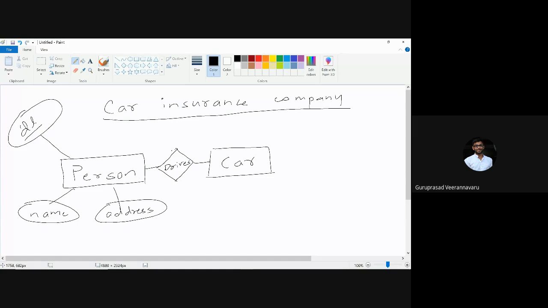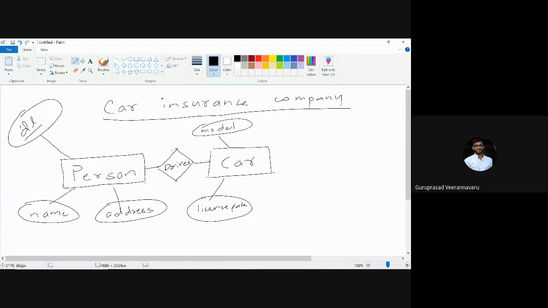Again, what are the properties of a car? A car will have its number, and number is a primary key. I mean, license plate. Let's say I have a circle here, and let's call it license plate. And what is the model of the car?